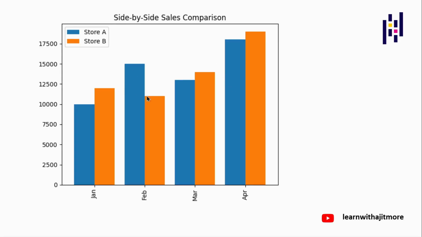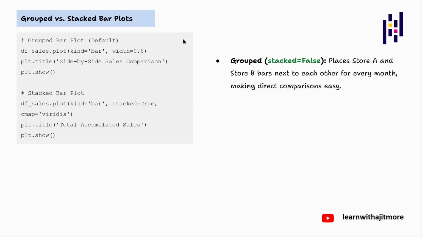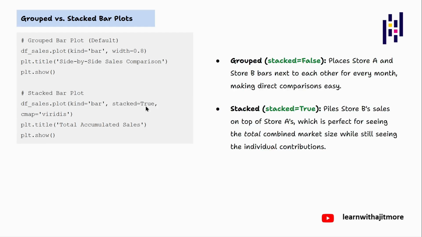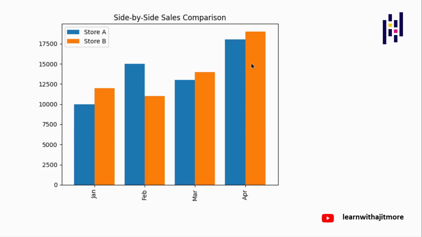See here. This type of graph you'll get when it is grouped true, stacked false. So if stacked is false, then it is grouped. Can you see for each store 1 bar for each month? So it is a comparative study there only.